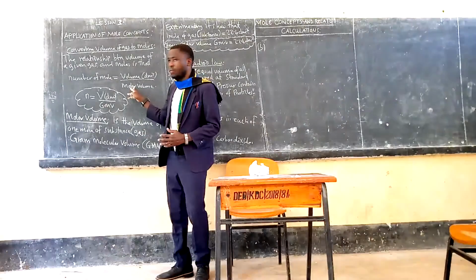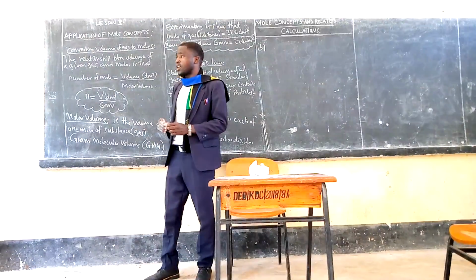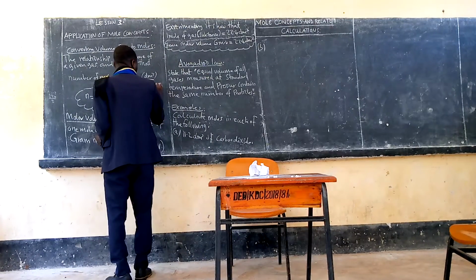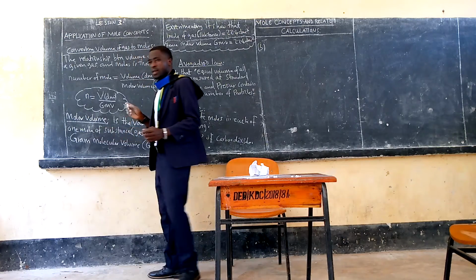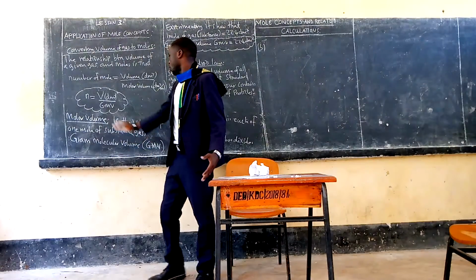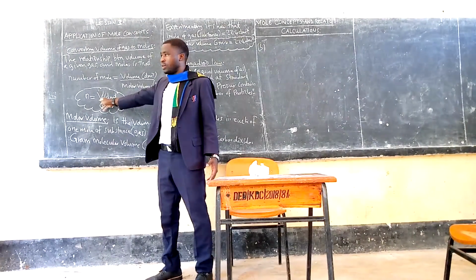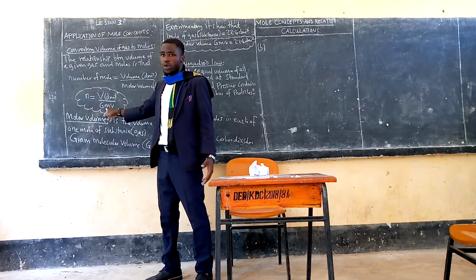And here we have a molar volume. So molar volume is given in decimeter cubic per mole. Now, we say number of mole equals volume of a given substance divided by gram molecular volume.